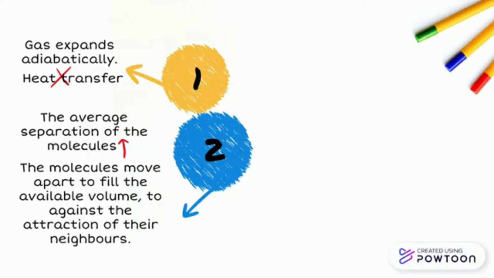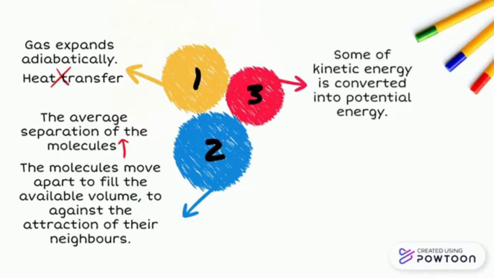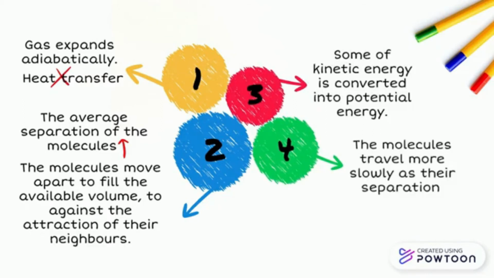To reach greater separation, some of the kinetic energy must be converted into potential energy. As a result, the molecules travel more slowly as their separation increases. This series of molecular events explains the Joule-Thomson effect for the cooling of a real gas.